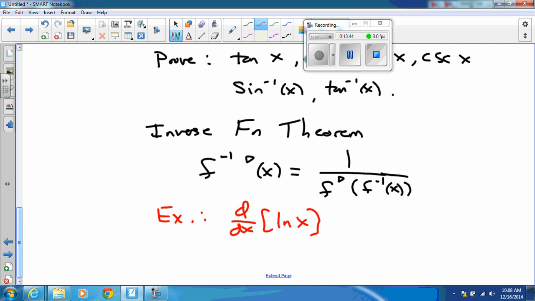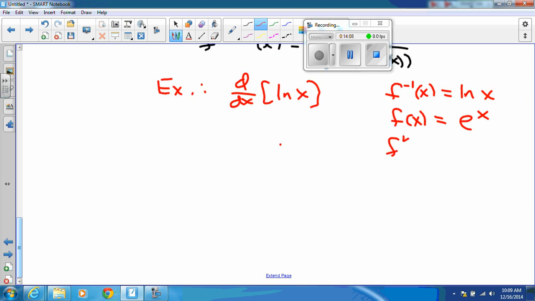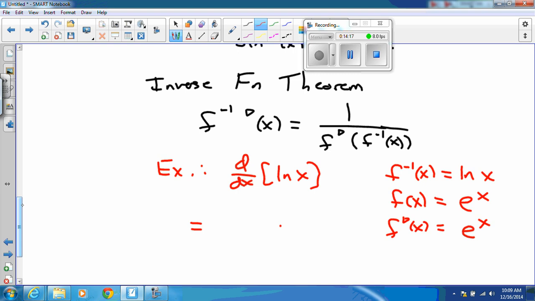And we said, all right, instead, let's consider the inverse function theorem. To use it, we're going to think of this function as an inverse. That means that we need to identify the parent function that it is the inverse of. Natural log x is the inverse of what? Of e to the x, exactly. And to use the inverse function theorem, we need f prime as well. Since I have f of x, f prime is easy enough. It is also e to the x.